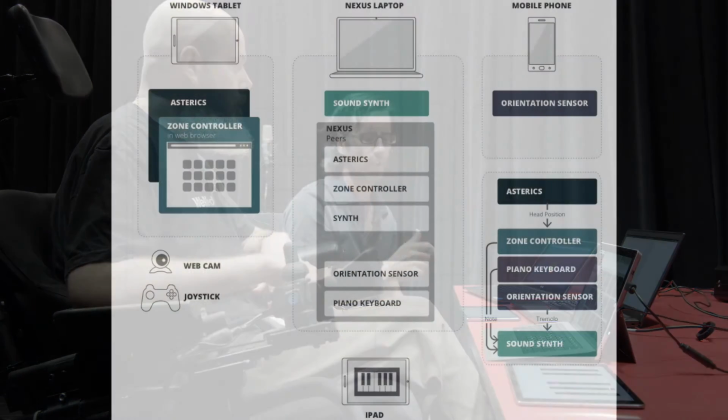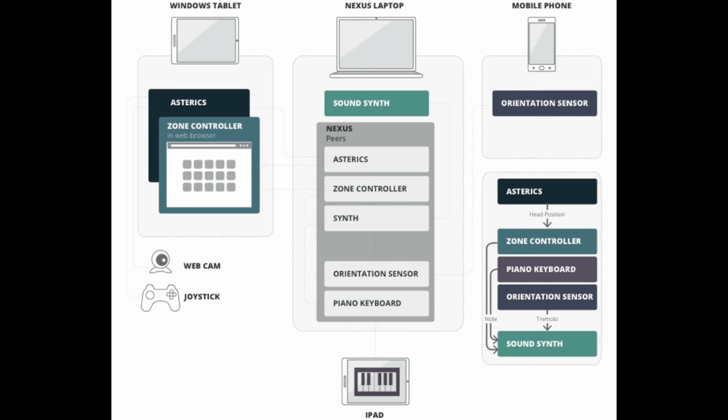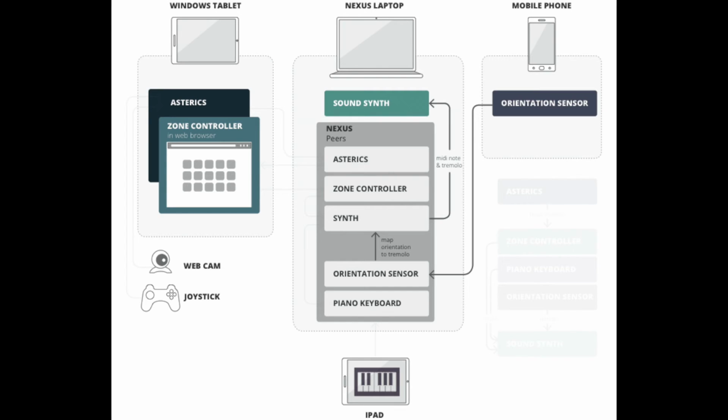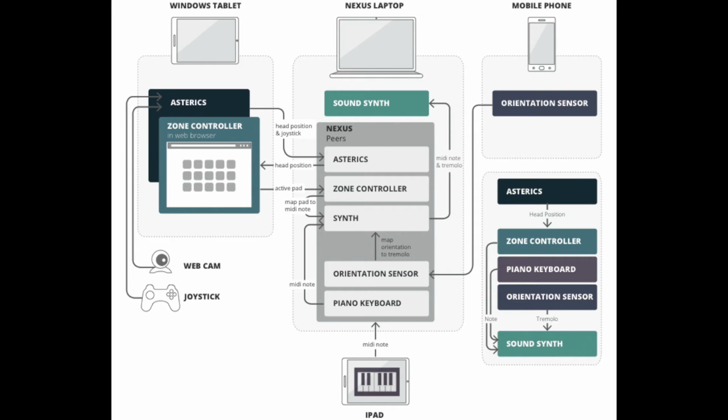The Nexus is then relaying the position information back to the zone controller, and then the zone controller is sending the pad numbers. This kind of approach is going to be really useful as we have more and more sources of data. So as we connect up more and more sensors, such as wearable technology, or we're connecting more and more devices to the internet, we have lots and lots of data that can be really useful.